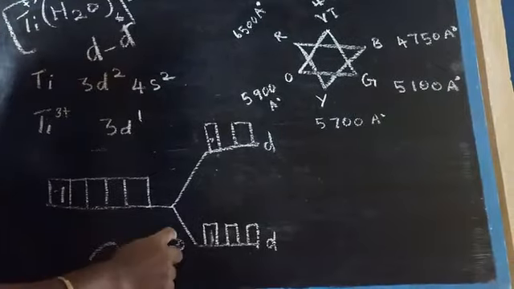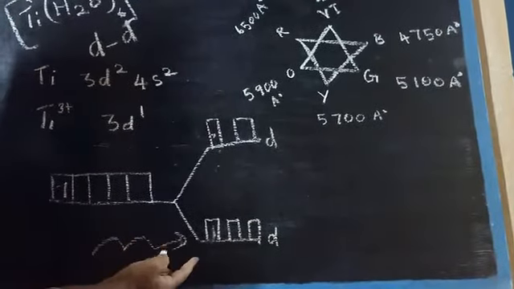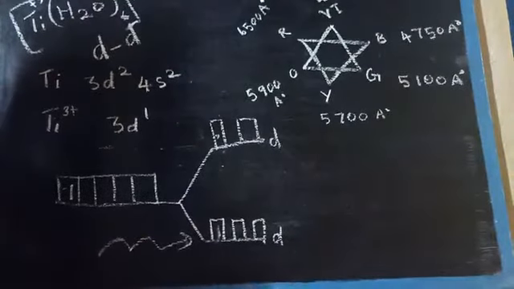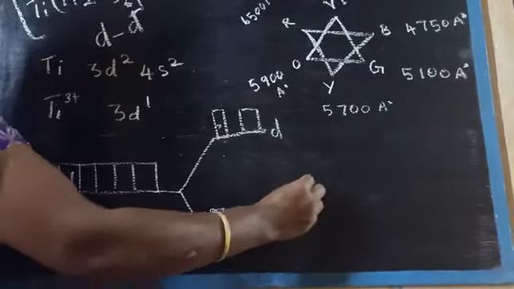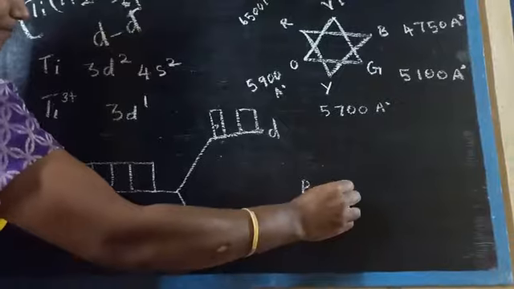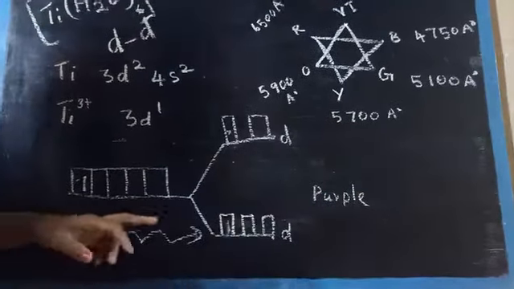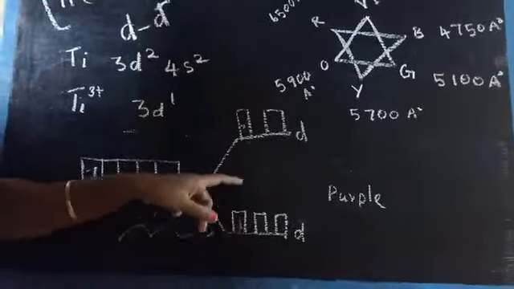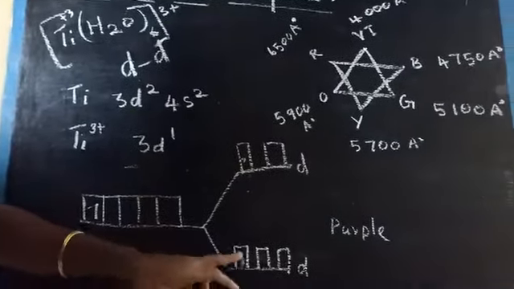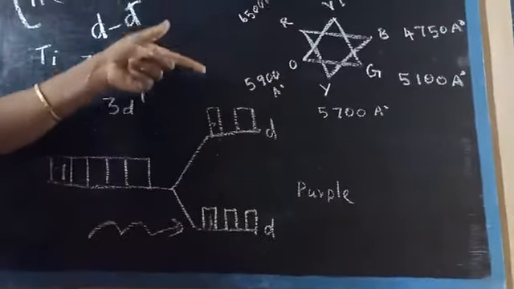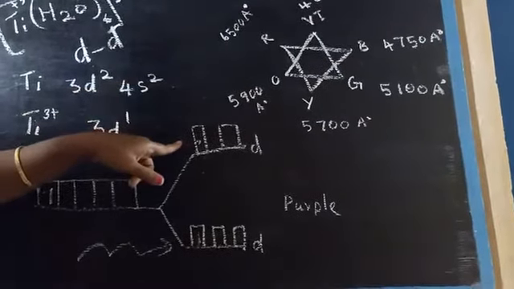Now again it comes back, meaning it emits radiation, and it emits the complementary color, which comes out. The complementary color is purple. Are you clear, children? Here the d-d transition is involved. From the t2g, one electron moves to the eg level: excitation.